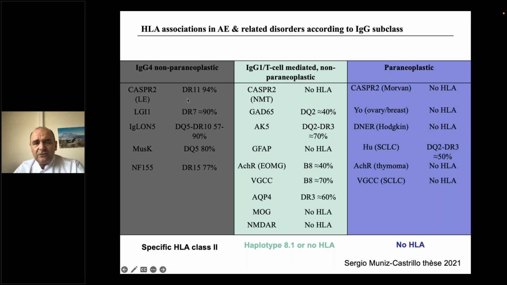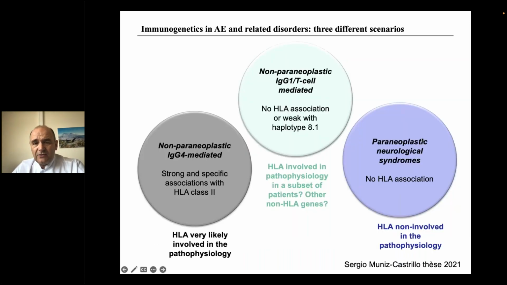So it's clear that the mechanism is different according to the autoantibodies, and we have at least 4 different mechanisms of autoimmune involvement in these patients. Some of them are associated with IgG4 and class 2 HLA haplotype, some others clearly linked with the tumor, and a heterogeneous group with IgG1, some of them T-cell mediated, some others B-cell mediated.